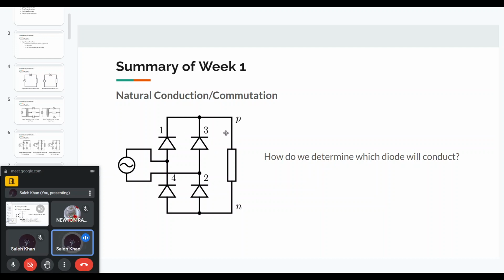did you listen to this portion on natural commutation? In many cases you will have multiple diodes or thyristors connected to a single point. For example, diodes 1 and 3 are connected to the P point, and 4 and 2 are connected to the N point. So the question is, how do we determine which diode will conduct?